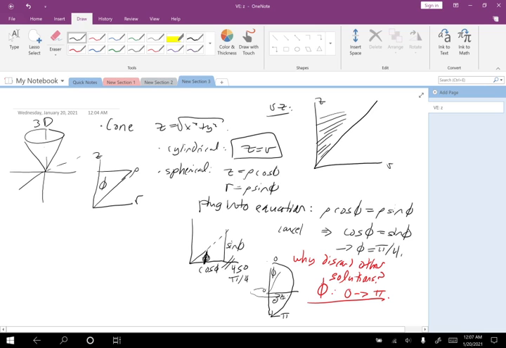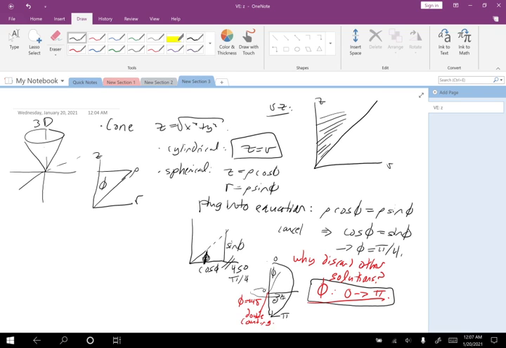So if I extended phi, this would be double counting. If I added a delta to phi, this would be double counting your points. And that's not good for a coordinate system. So when we're doing spherical coordinates, we restrict phi from the plus z-axis to the negative z-axis. We don't let it cross over. Okay, so that's why I discarded the other ones.